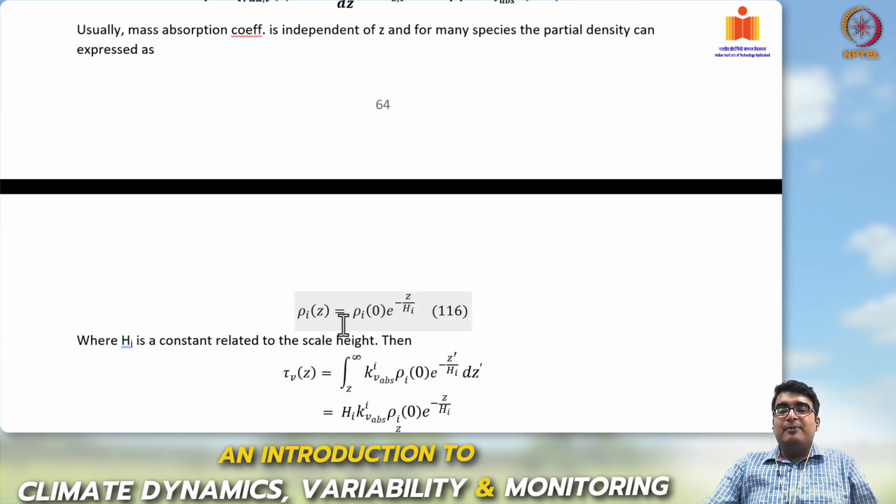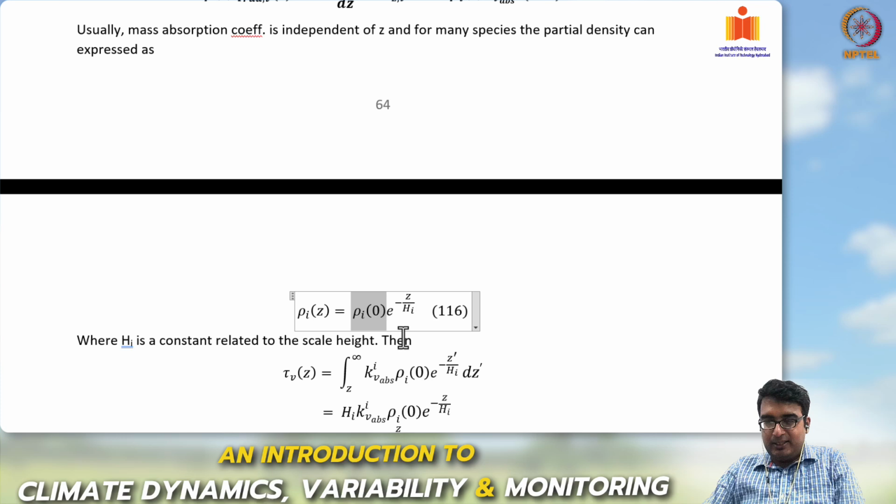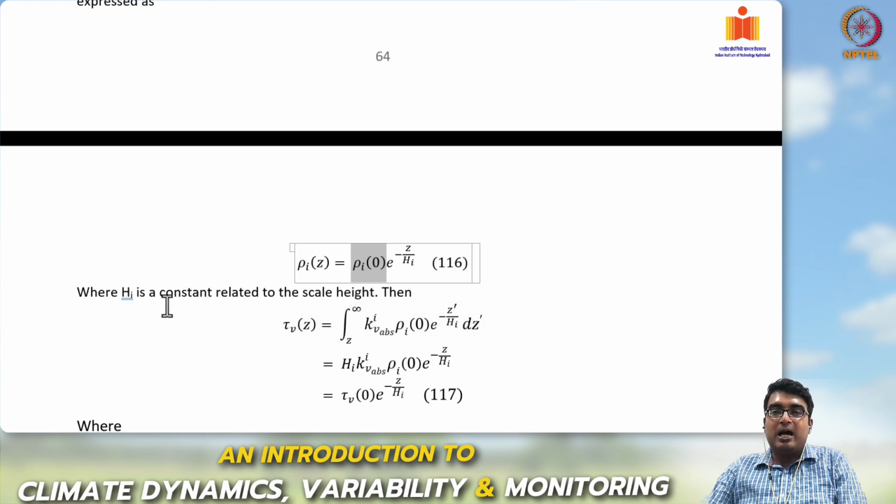So one simple analytical model is rho I z is the rho I value at sea level, the partial density of the absorbing medium at sea level, times an exponentially decaying term of the form e to the power minus z by hi, where hi is a constant which is related to the scale height. It's not the scale height, but it's related to the scale height. Okay. So we can put this expression in the tau nu z term.